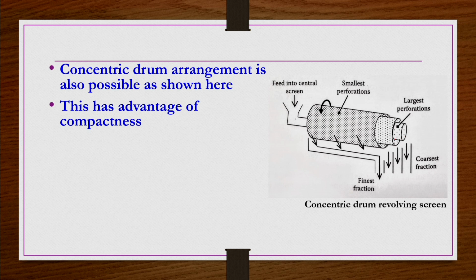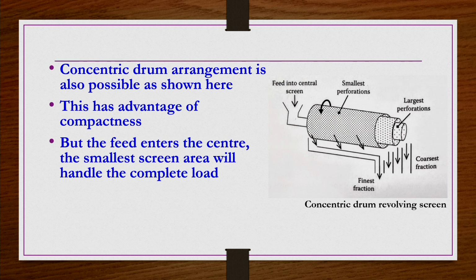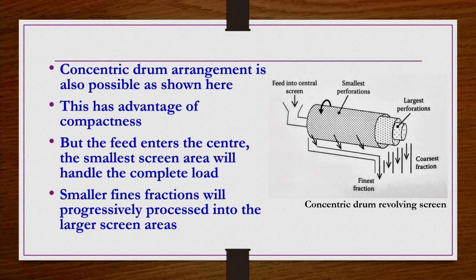The largest opening screen is at the center and the smallest perforation screen forms the outer periphery. Because of this, the feed enters at the center, so the smallest screen area will handle the complete load, that is the kind of problem. However, the smaller fines fraction will be progressively processed into the larger screen areas and then collected as the finest fraction.